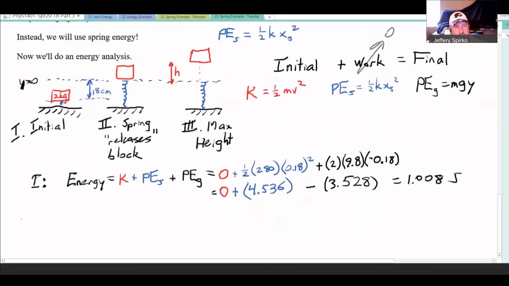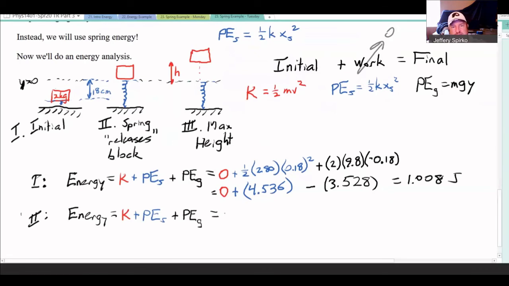In state 2, when this block gets to the top of the spring, the moment the spring releases the block and the block starts flying, we're again going to have K plus PE of the spring plus PE of gravity.